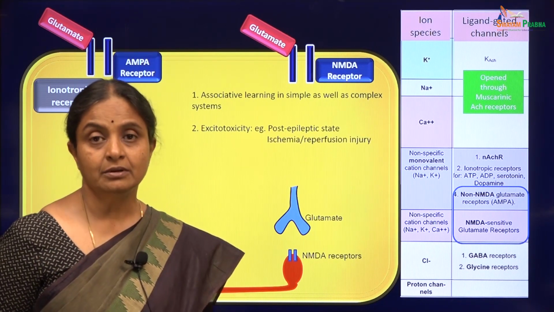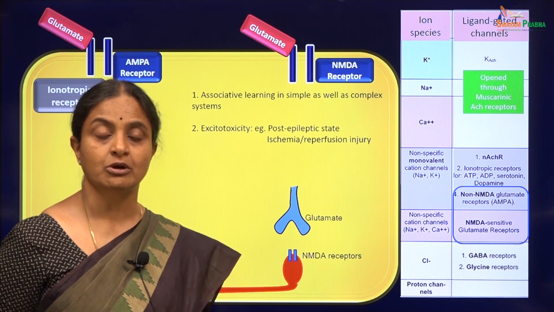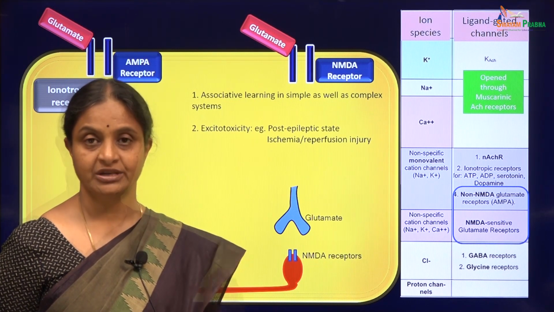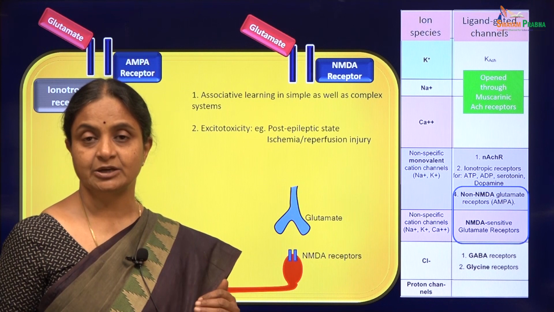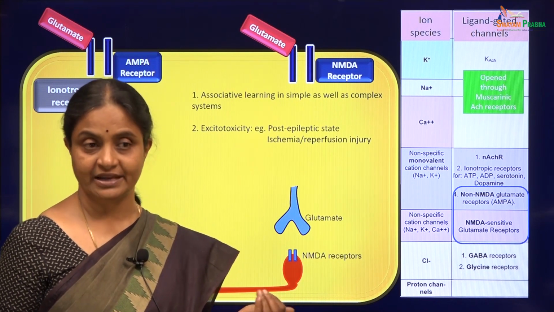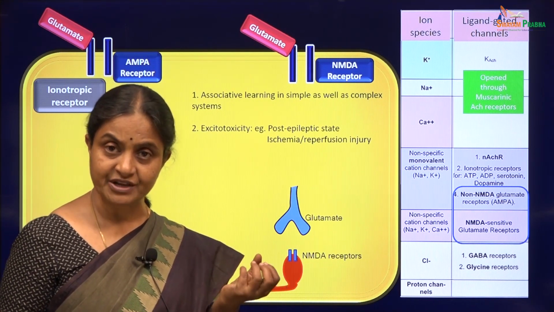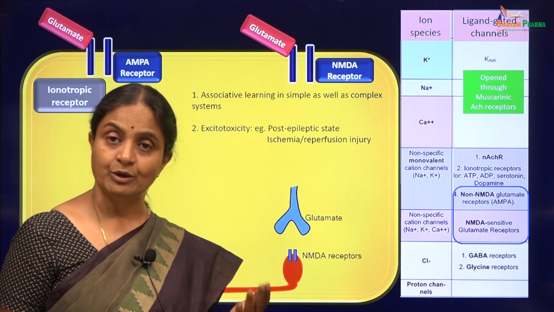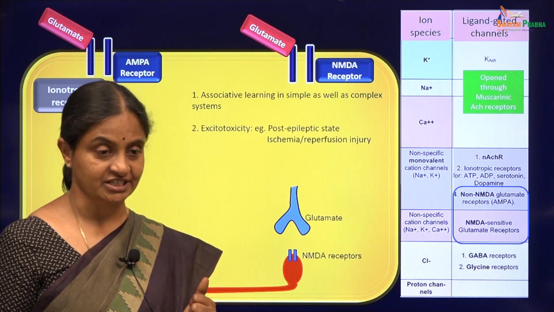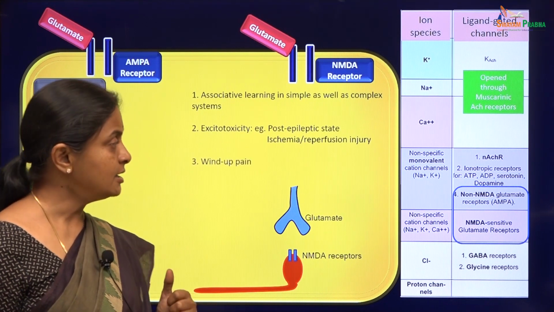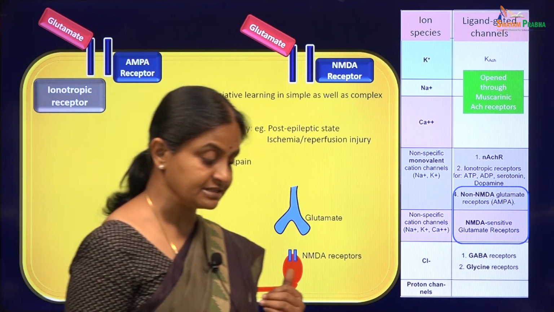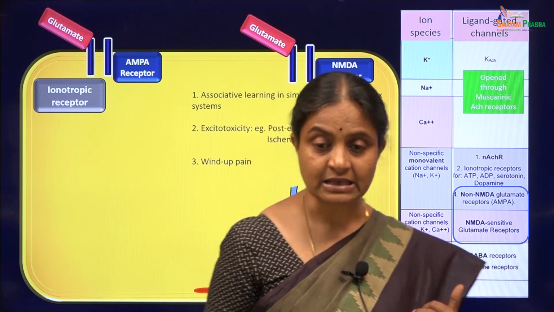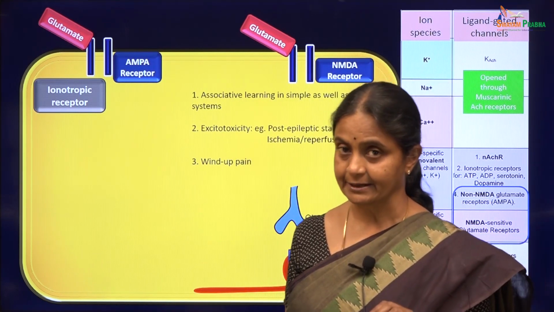Another example of excitotoxicity is what is called ischemia reperfusion injury. Ischemia is a state where there is reduced blood supply to the brain, and subsequently when there is reperfusion, NMDA receptors may be overactive and cause toxicity. A third condition where NMDA receptors are implicated is what's called wind-up pain.